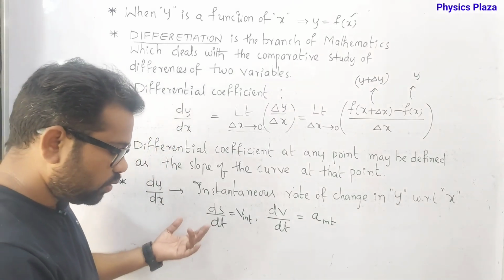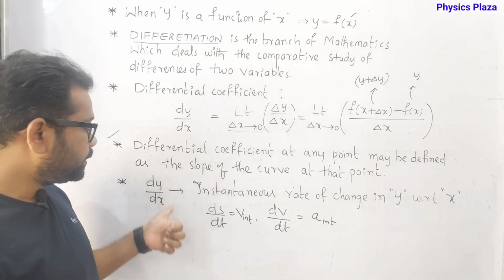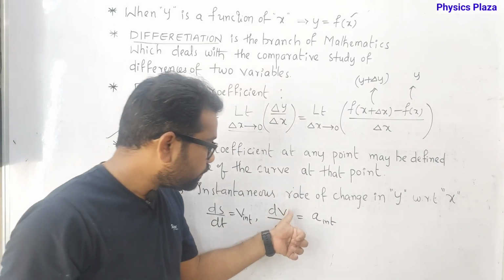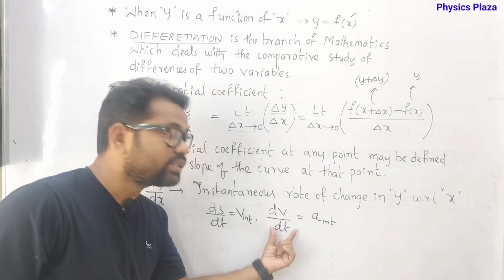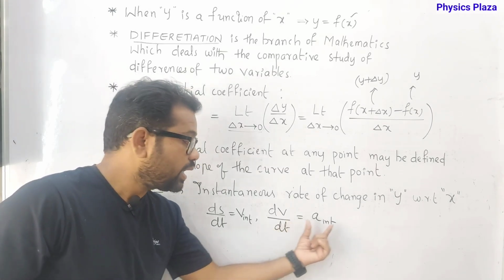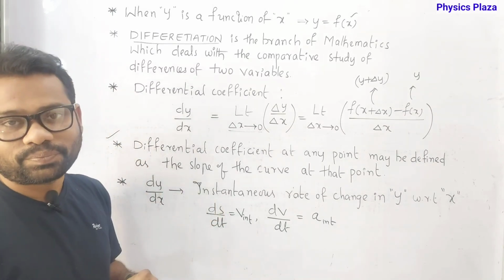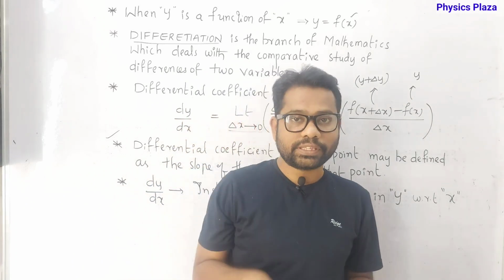So this is how we can define the differential coefficient of y with respect to x, or of s with respect to time, or of velocity with respect to time. These are the very important points which we covered in the previous class.